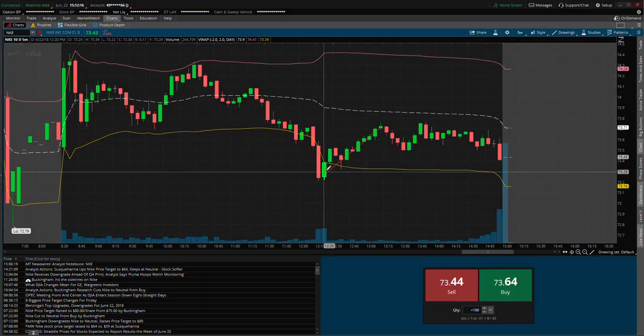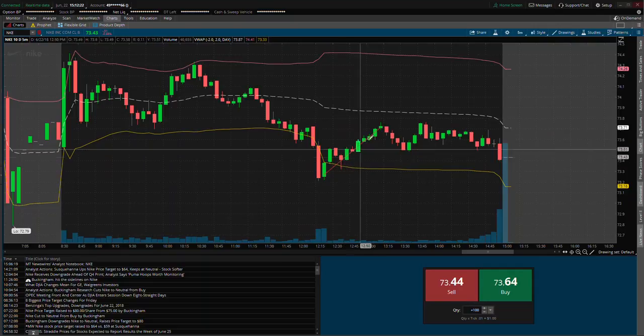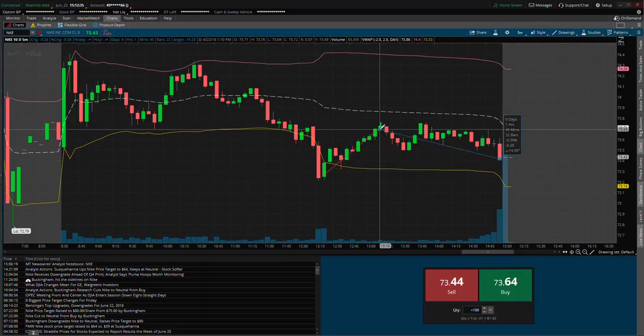Even though it does break past right here, it's still just kind of riding that lower band. And then it just kind of hangs out in the middle for the rest of the day. But still, that's still a downtrend, because right here, at the end of the day, from those points, that is minus 29 cents.